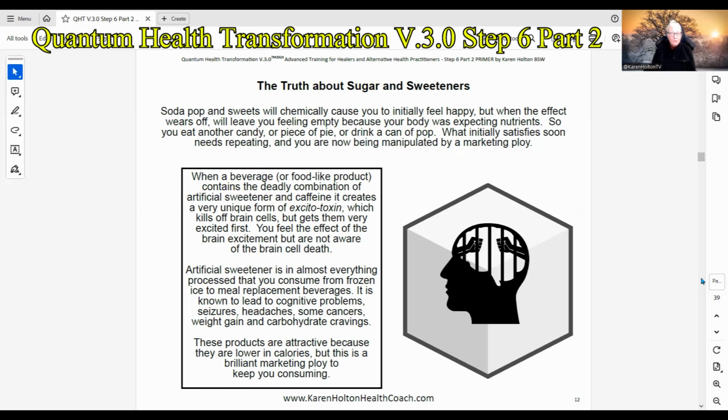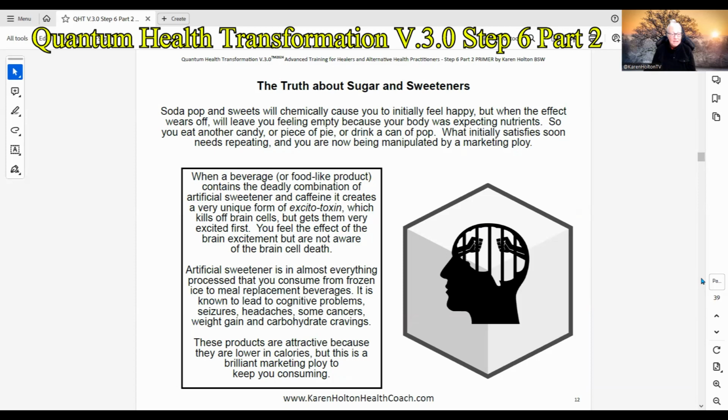When a beverage or food-like product contains the deadly combination of artificial sweetener and caffeine, it creates a very unique form of excitotoxin, which kills off brain cells but gets them very excited first. You feel the effect of the brain excitement, but you're not aware of the brain cell death.